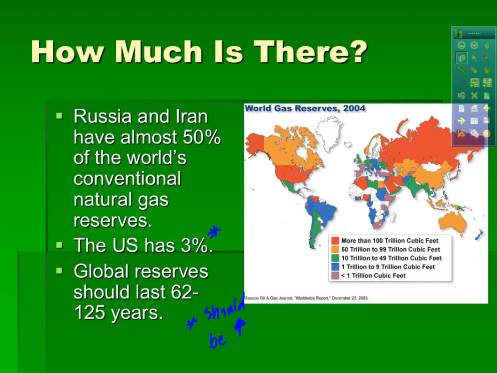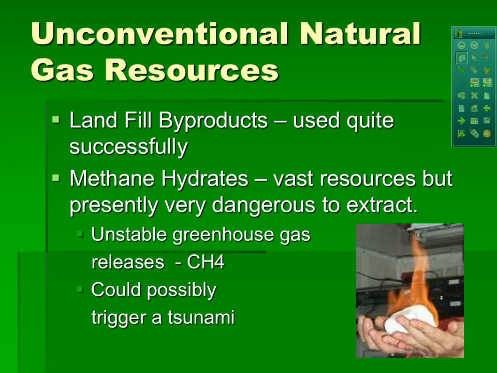So again, you can look at that map, kind of look at where the reserves are, and notice that compared to oil, we actually have a lot more in the U.S. We have a lot more natural gas resources. Okay, the unconventional part of natural gas, so using it from the weirder places, landfills. We pull it from landfills, and that's something that's increasing recently and has been used very successfully.